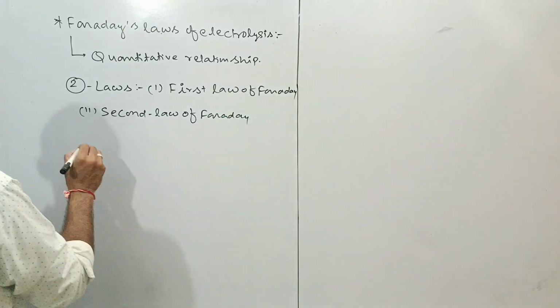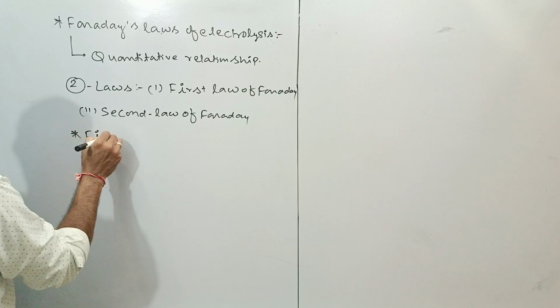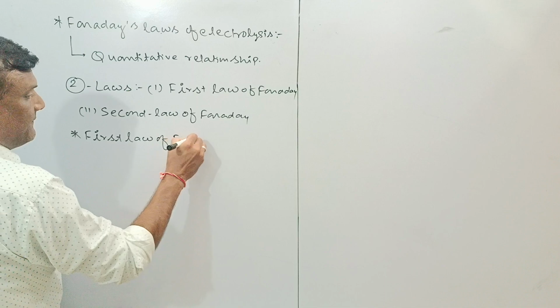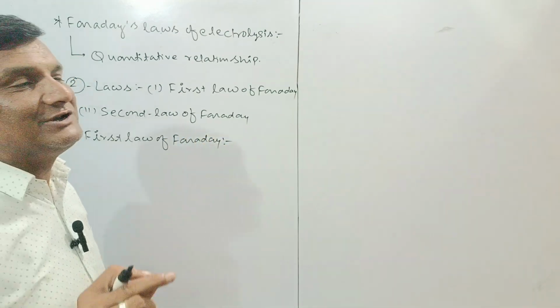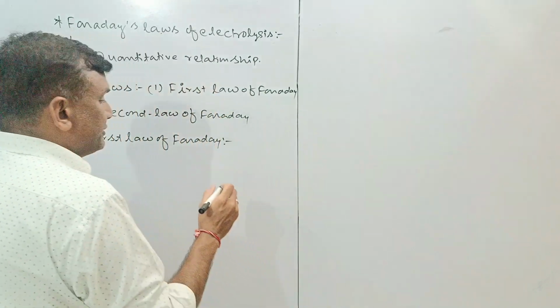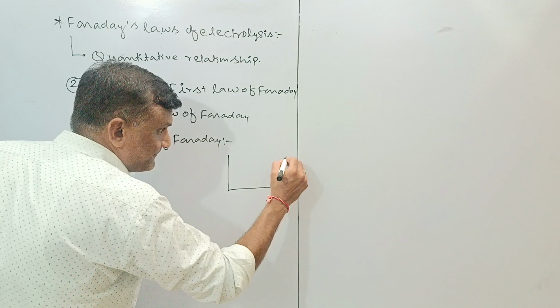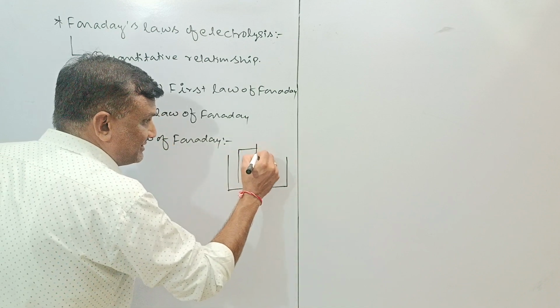If we'll go with the first law, it's very important. First law of Faraday. What is that? This is regarding to just one electrolyte. Suppose this is the electrolyte and this is the electrolytic cell.